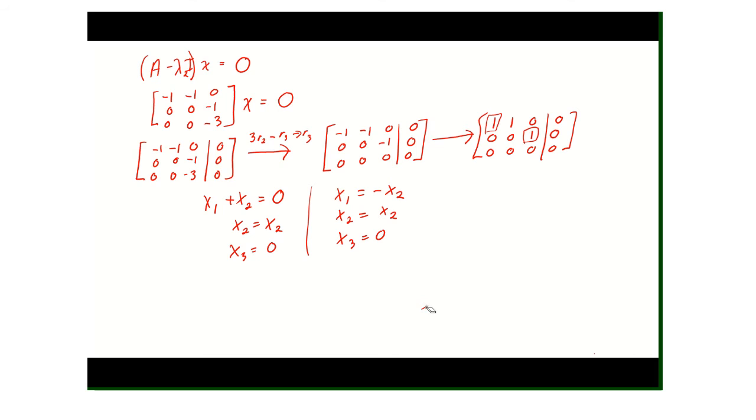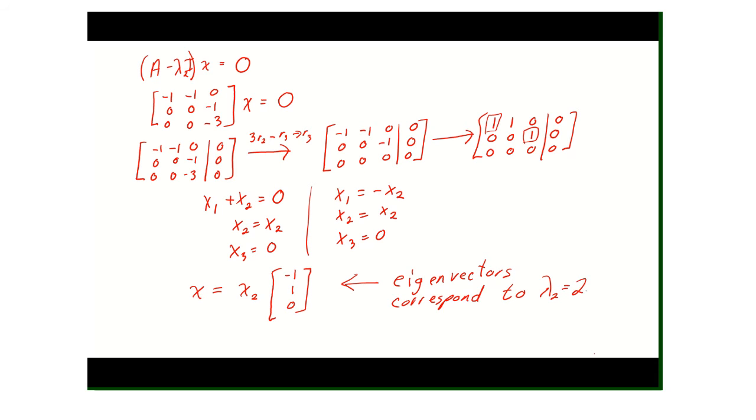So now I can get my eigenvectors, being that x is equal to x2, my free variable, times negative 1, 1, 0. That is my eigenvectors that correspond to lambda 2 equals 2.